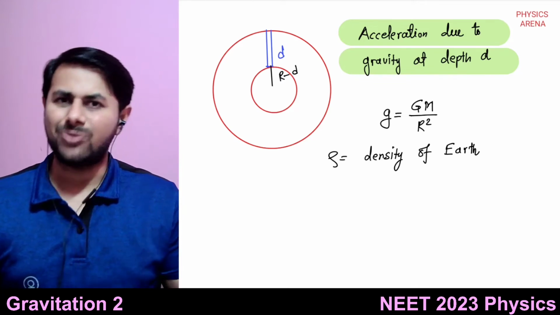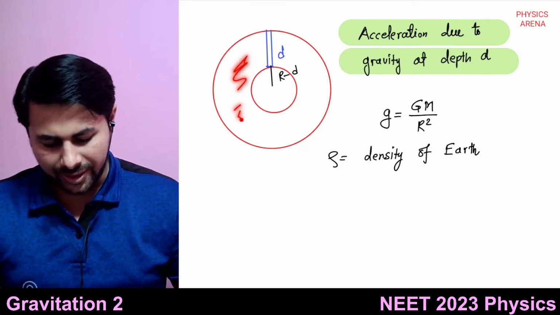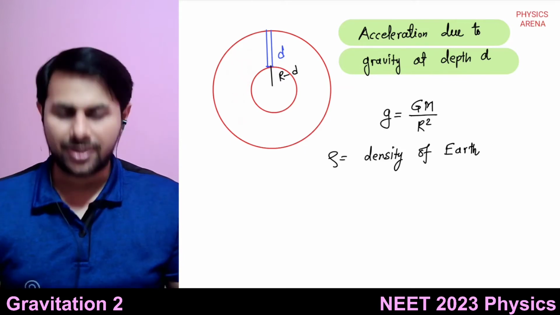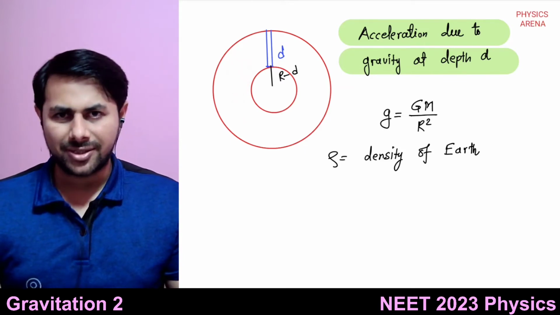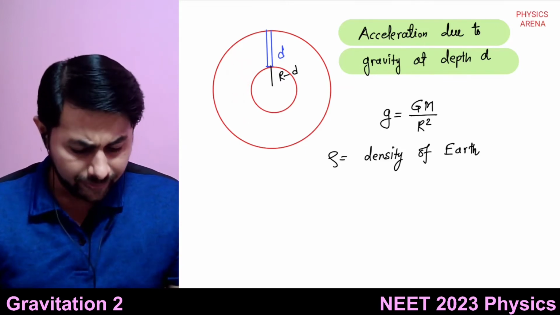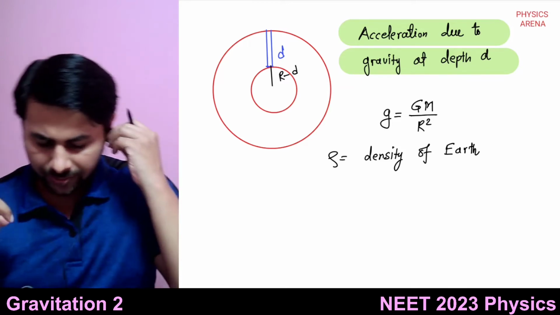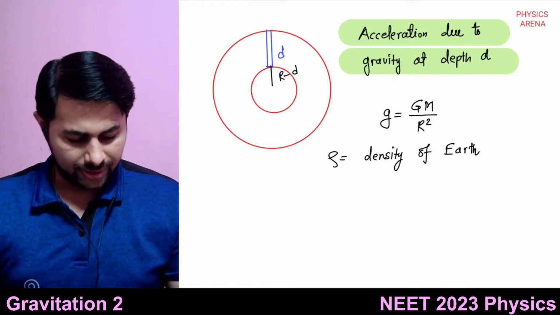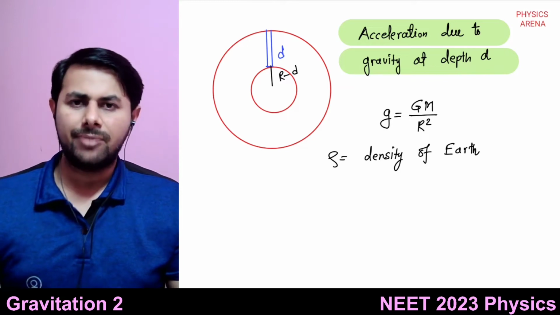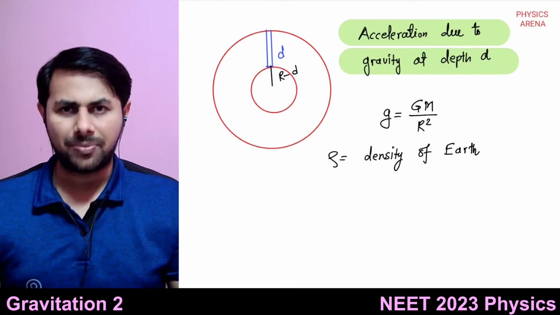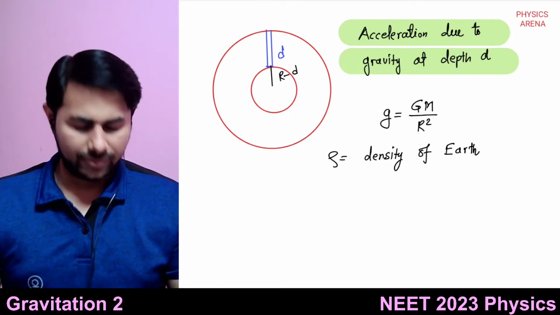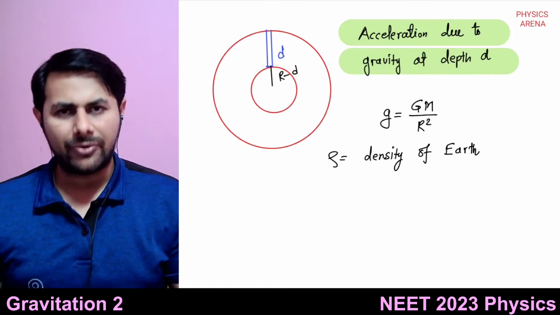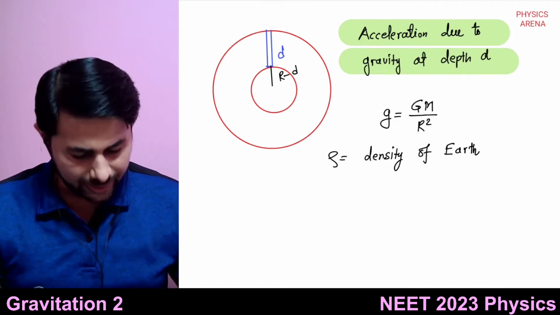What we are talking about is the mean density, the average density of earth. So what is rho? It is average density, right?